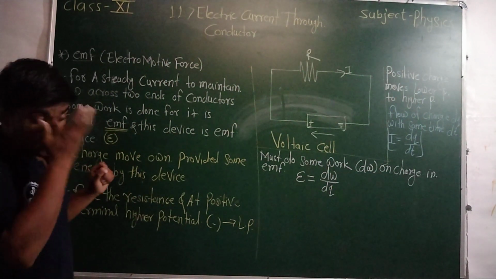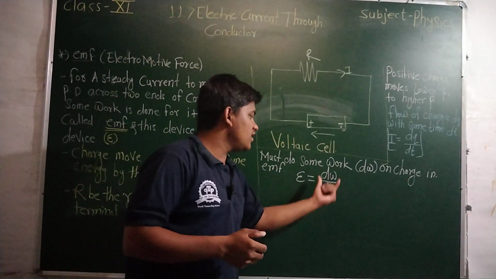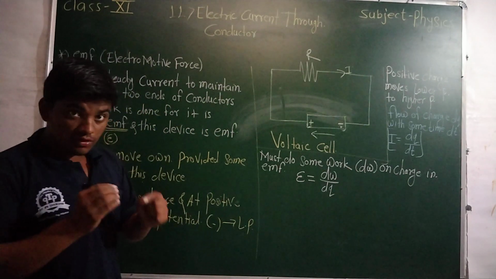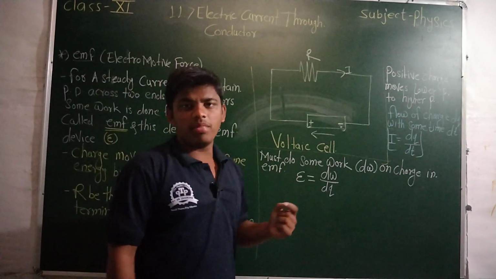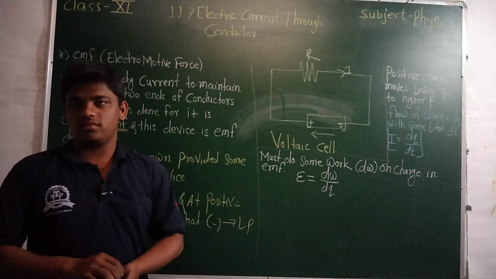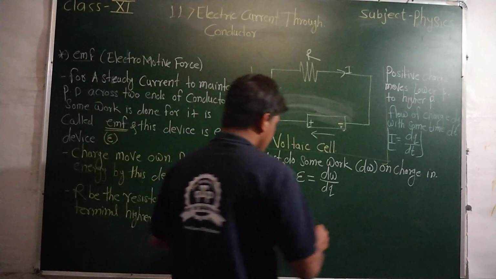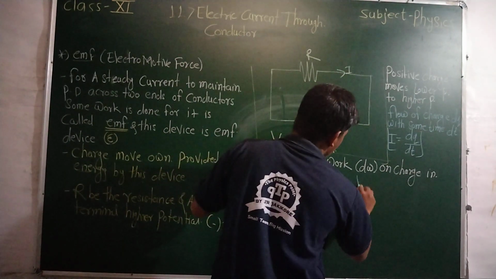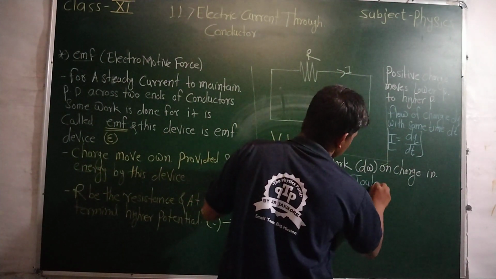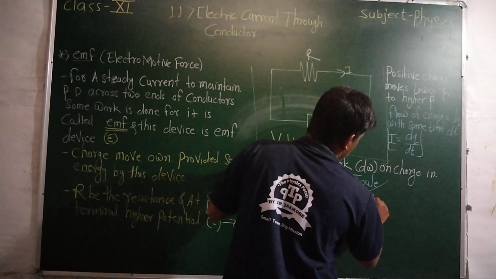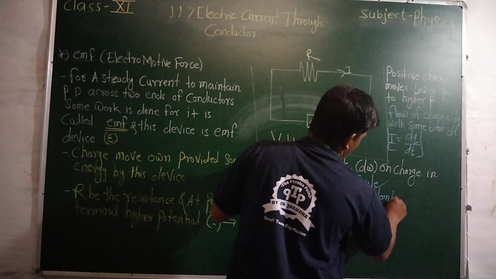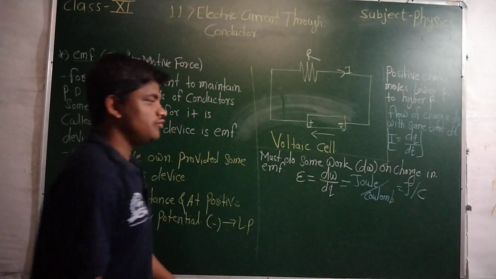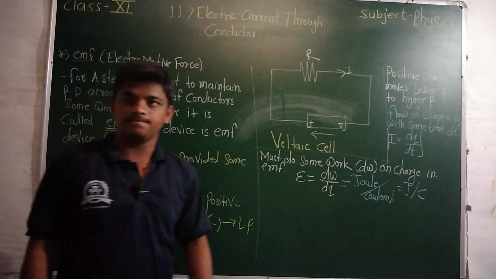This is called EMF. The SI unit of EMF is joule per coulomb, that is J/C.